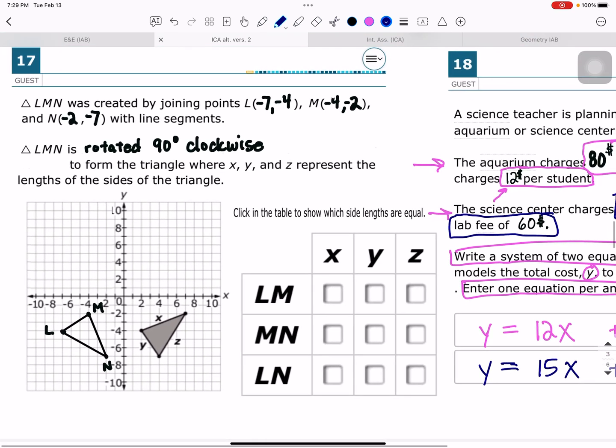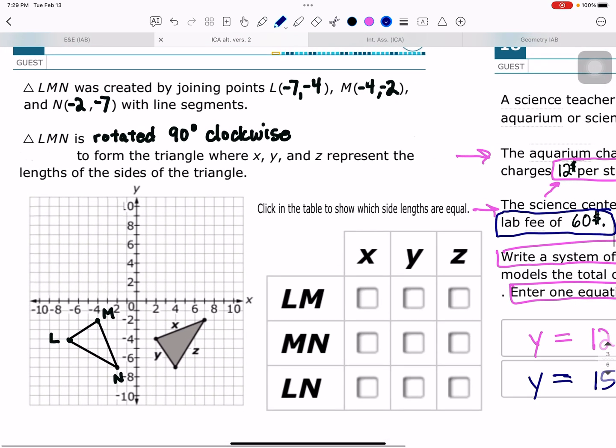Let's see. These are the same thing. This shape was created by a 90 degree rotation sideways. I just want to make sure, since I can't tell these apart. It's obvious that this side over here, if I just rotate, they're exactly the same size and shape.